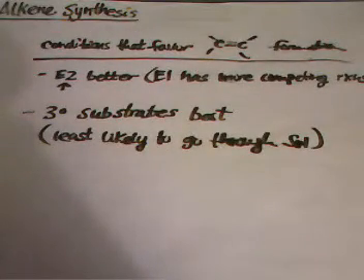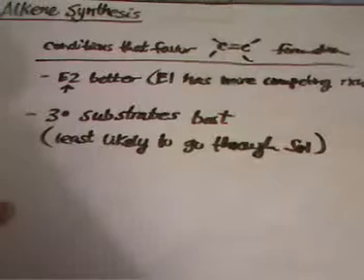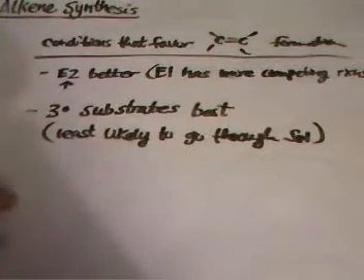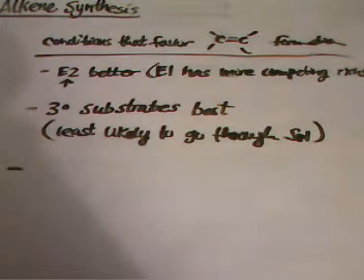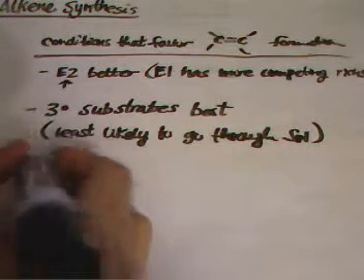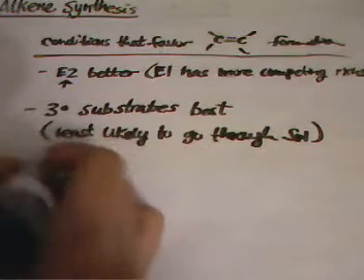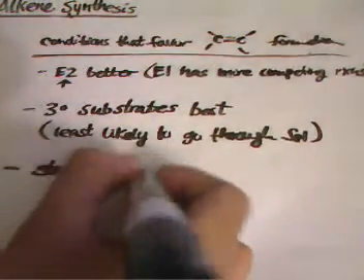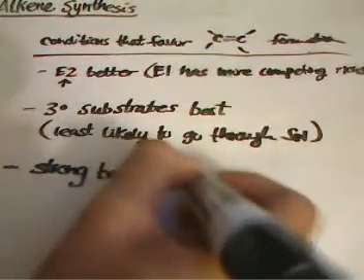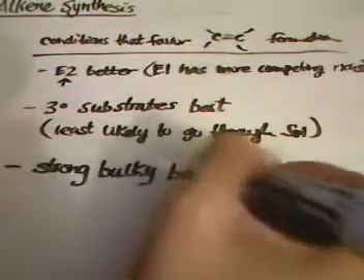The next thing to consider would be the choice of base. And over here I want to talk about the similarities and the differences between a base and a nucleophile. We want to choose a strong, bulky base, which is a poor nucleophile.